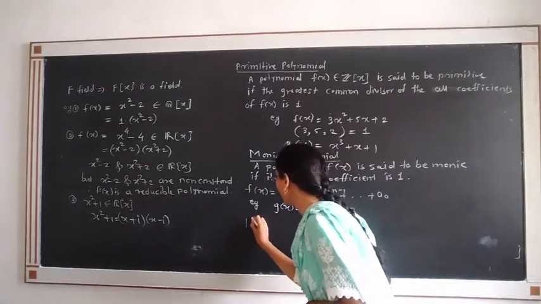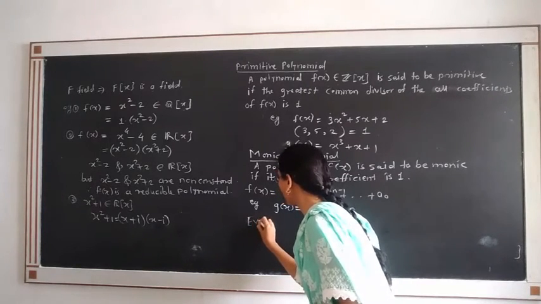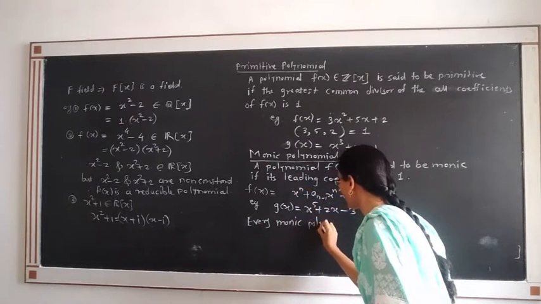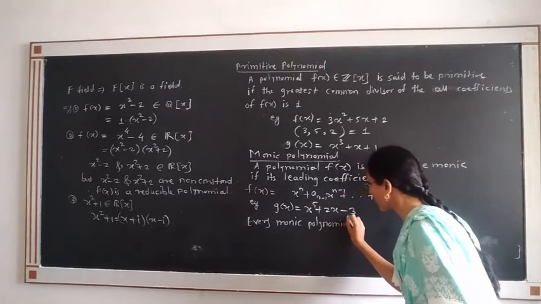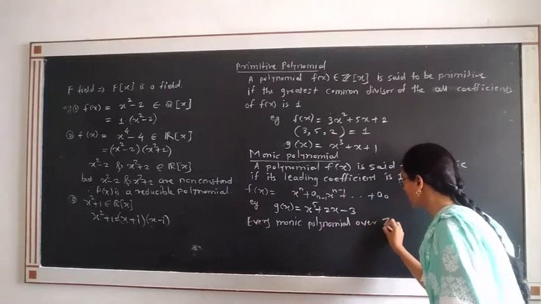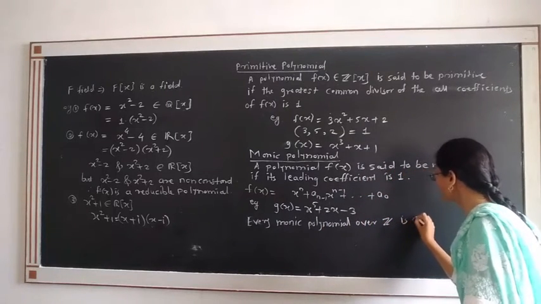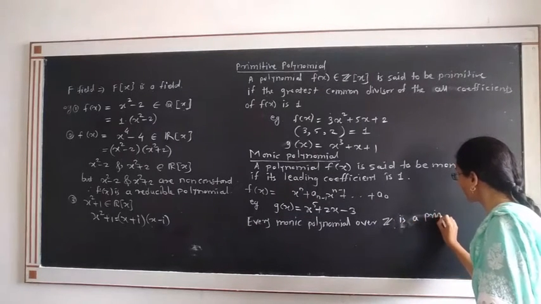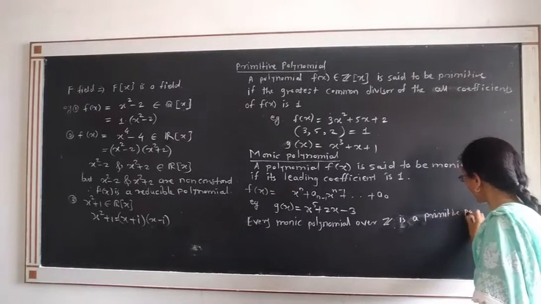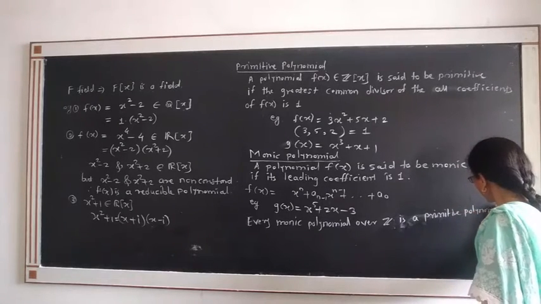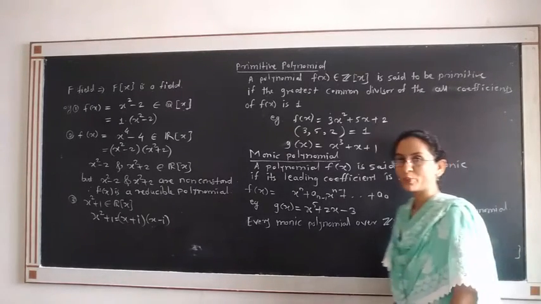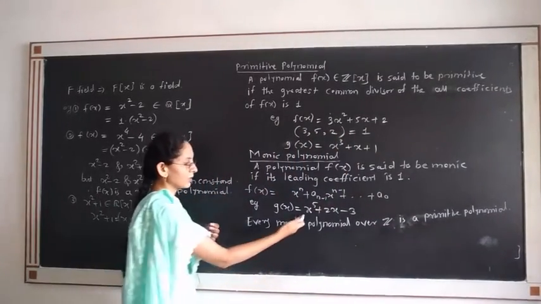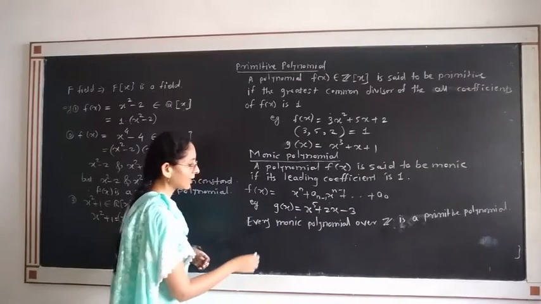Means what? Every monic polynomial is a primitive polynomial over Z. For example, you can consider this polynomial, or you can try another polynomial.